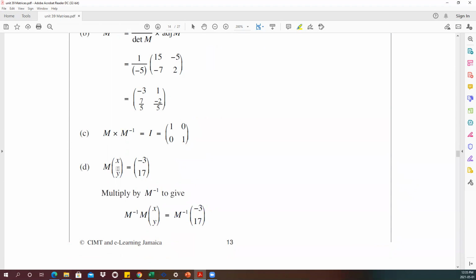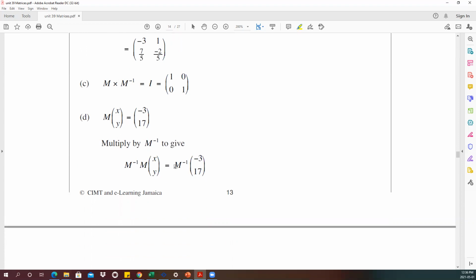Here, in order to find what x and y are, you pre-multiply both sides on the left by m inverse, and then you're tasked to find this here.